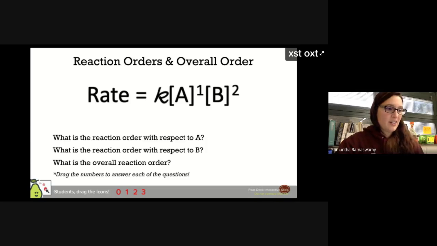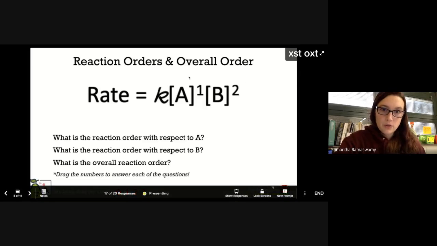Good. So a lot of people are dragging and dropping. I see the overlap of all of the numbers, which is good because it looks like all the same numbers are overlapping. So remember, you can use the rate law to determine order. So rate equals K times the concentration of A to the first times the concentration of B squared.